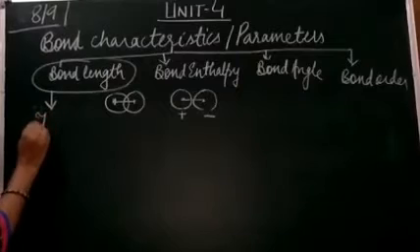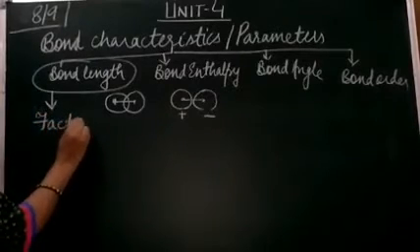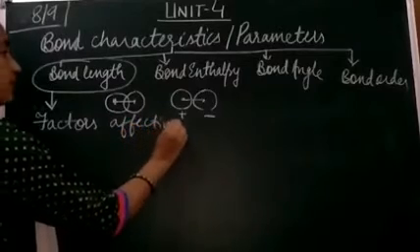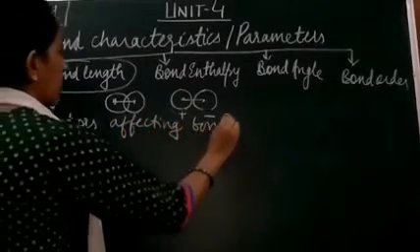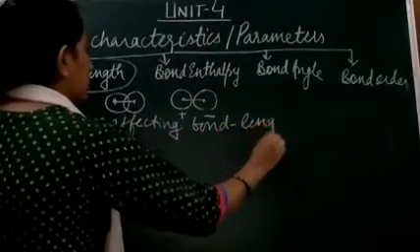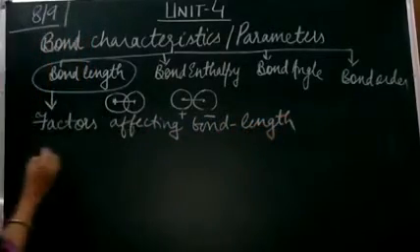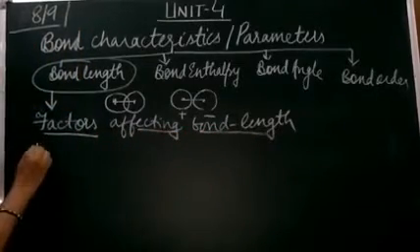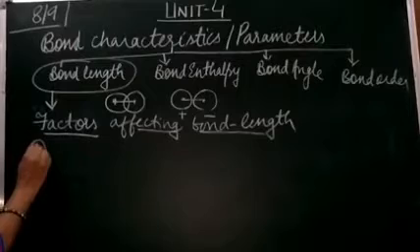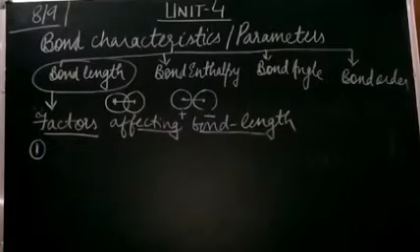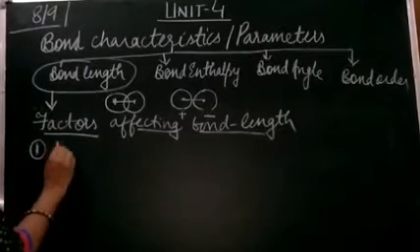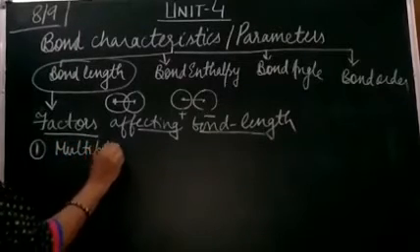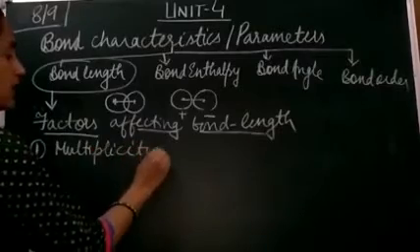So now we are going to discuss the factors affecting bond length. Now students, what are the factors? The first factor which is going to affect the bond length is the multiplicity of bond.